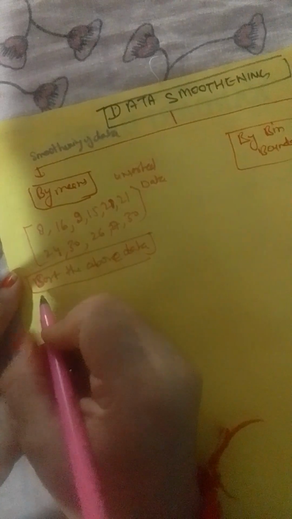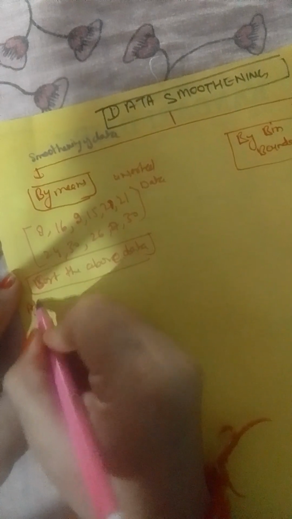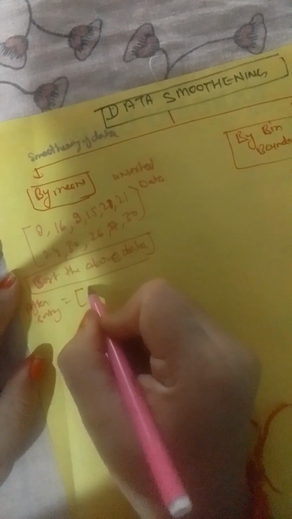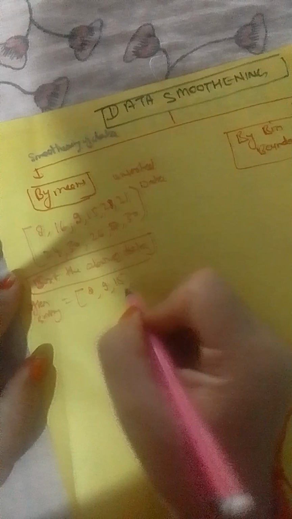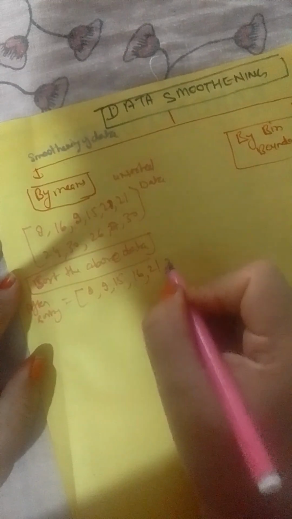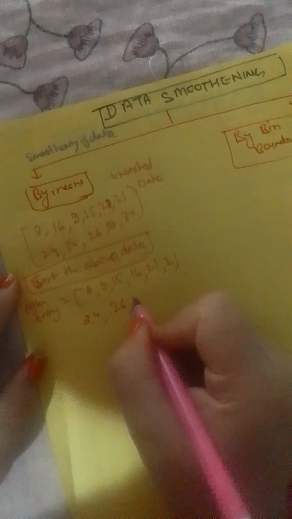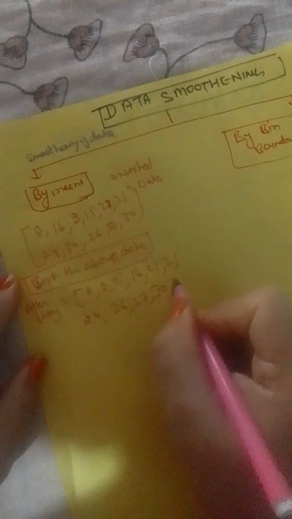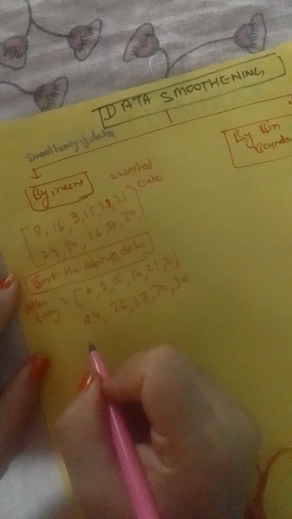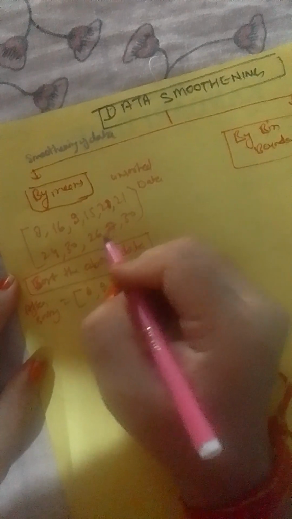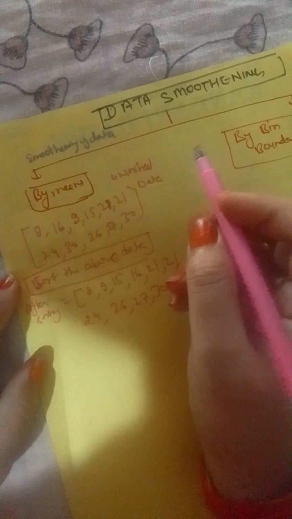When we sort the above data, what will it produce? It will come like this: 8, 9, 15, 16, 21, 24, 26, 27, 30, and next is 34. Where is 34?